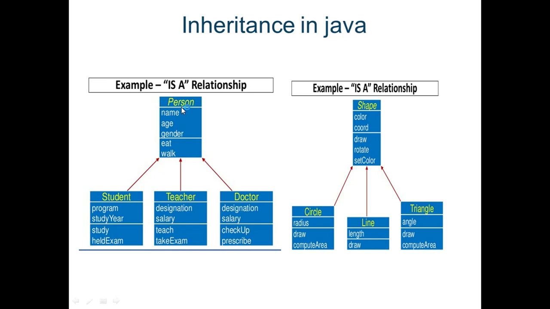For example, Person has properties like name, age, gender, and methods like eat and walk. Student has its own properties like program and study year. It can also inherit or use properties like name, age, and gender, along with the eat and walk methods.